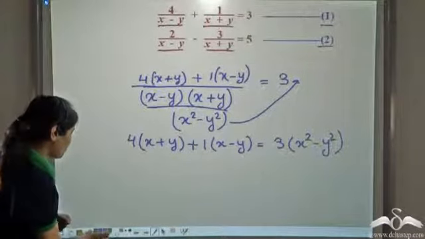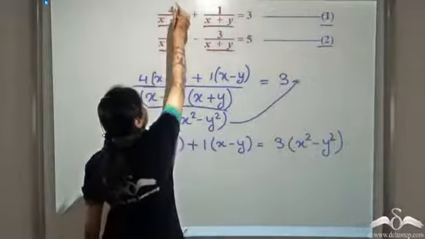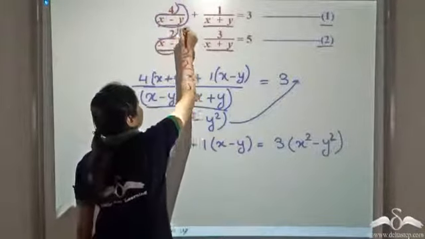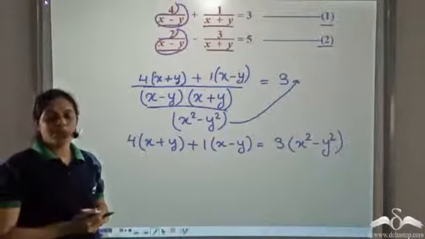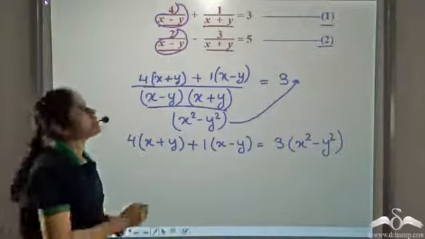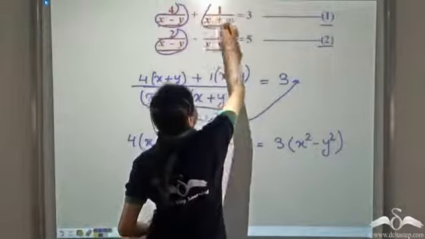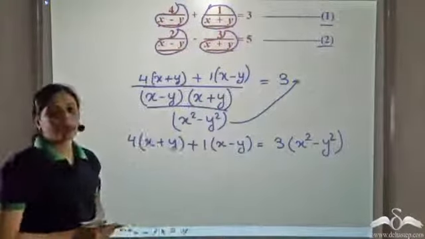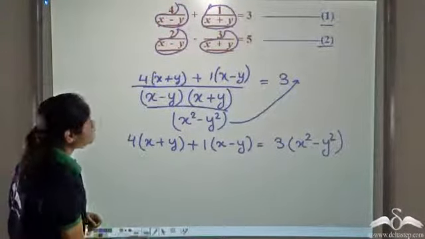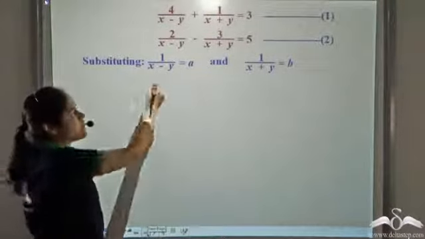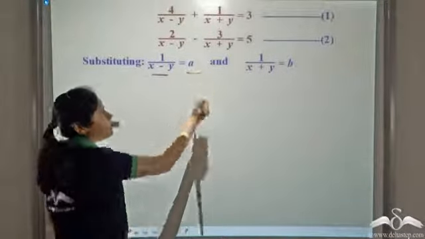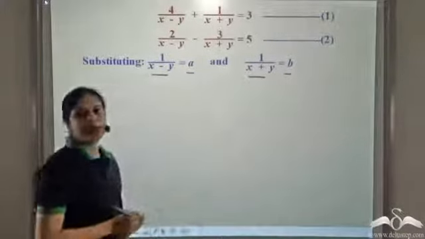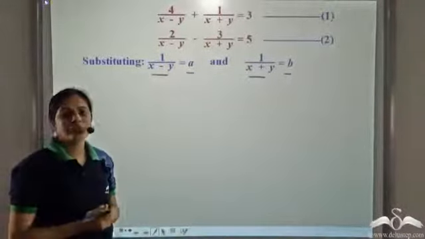So we can take 1 by x minus y from the first term of both the equations and 1 by x plus y from the second term of both the equations. So we substitute 1 by x minus y is equal to a and 1 by x plus y is equal to b in both the equations.